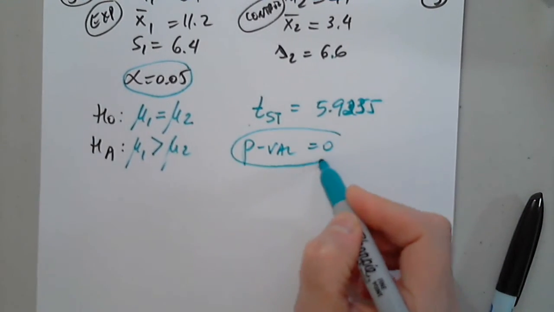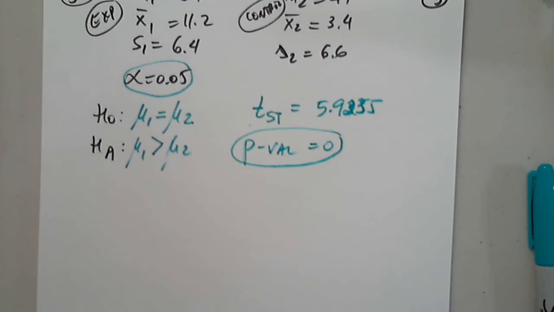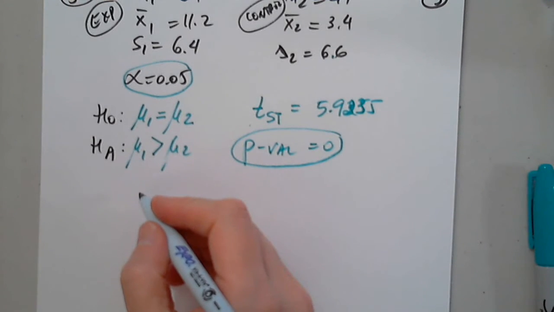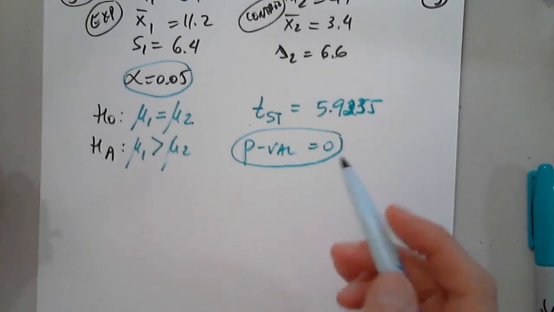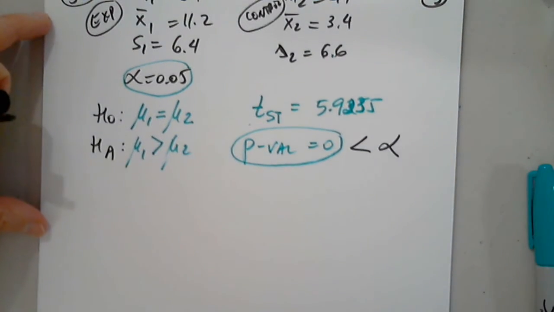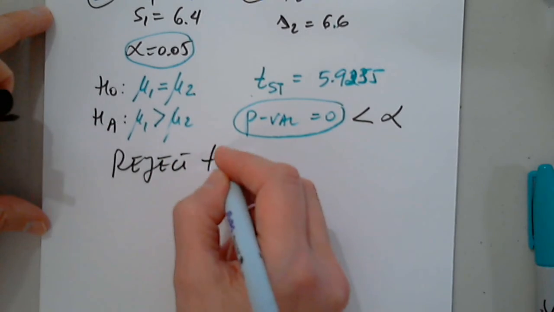It's less than the significance level. Good. So you reject it. Very good. The null hypothesis. Yes.